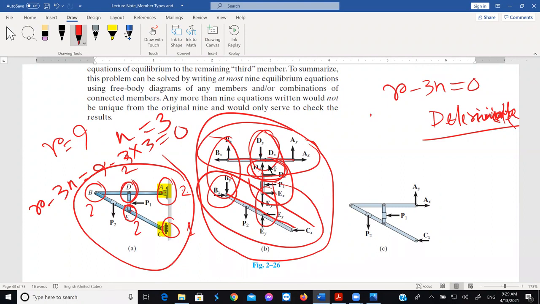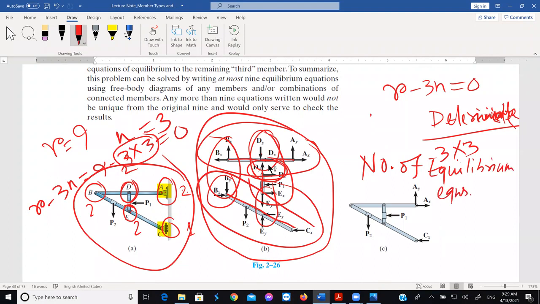Whatever way you take the equilibrium equations, there will be a maximum of 9 equilibrium equations. We know the number of equilibrium equations is equal to 3 times n, where n is the number of members.